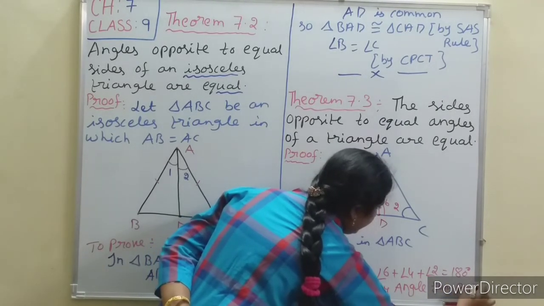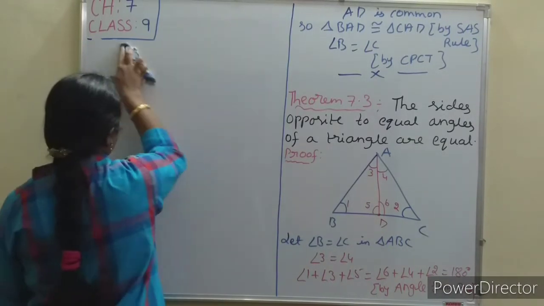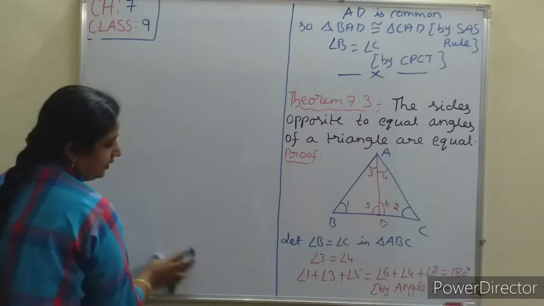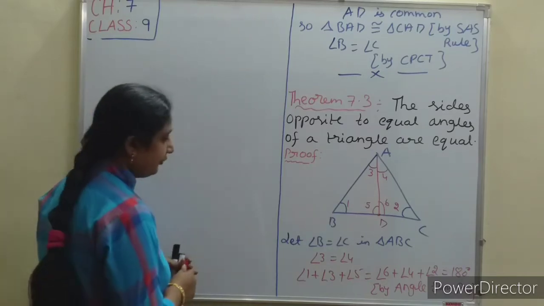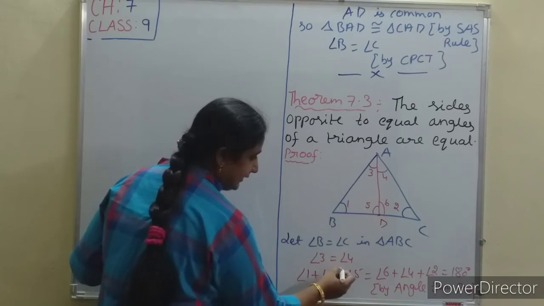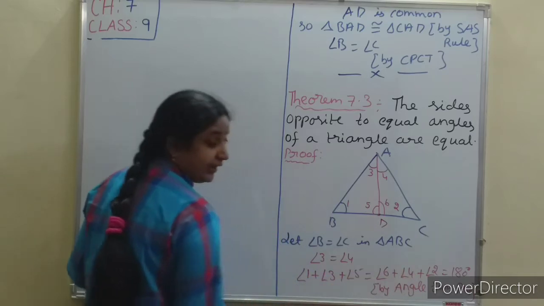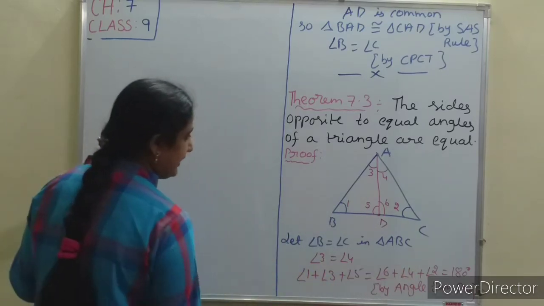Okay children, now you see, we know angle 3 equals angle 4, so you can cancel it. Otherwise you can write, instead of angle 4, angle 3. That we will change.